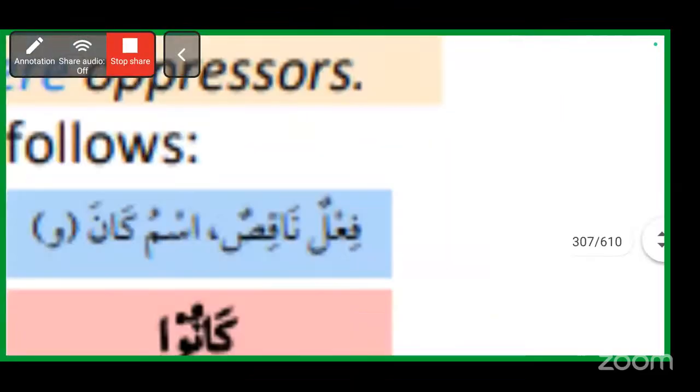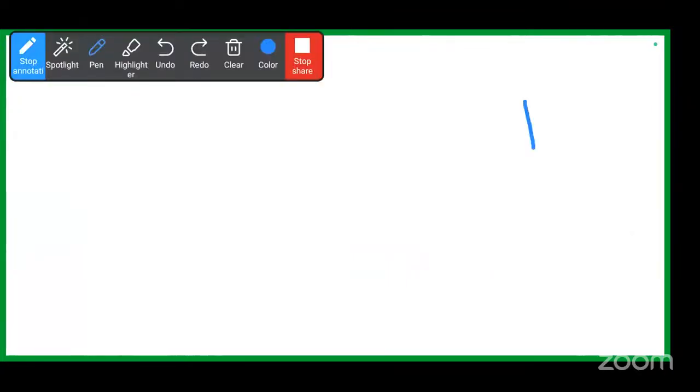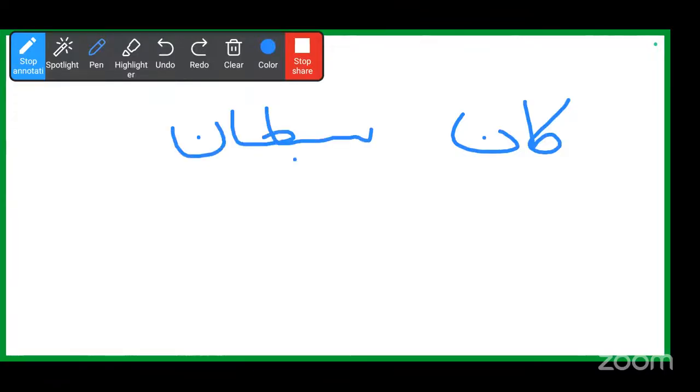Alif lam doesn't mean marfu. What is the exact sentence? Kana shaitan. On the noon there is nothing. They ask us, is it sahi or ghair sahi? So we have to remake our own sentence. So should I say kana shaitanu, kana shaitanan? Kana shaitanun.